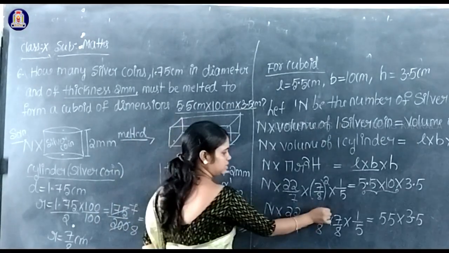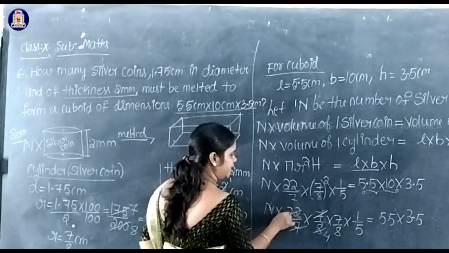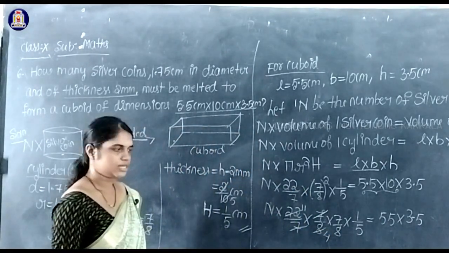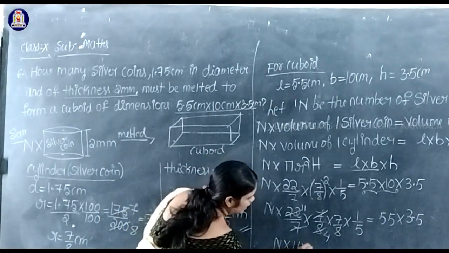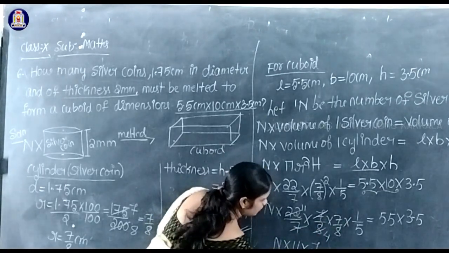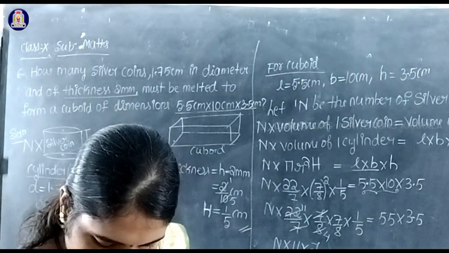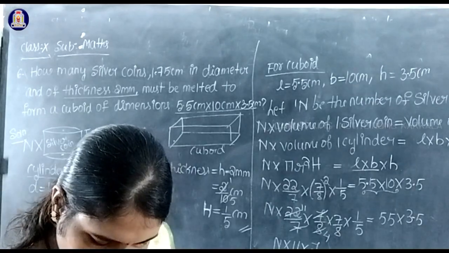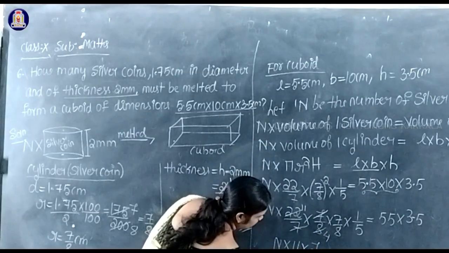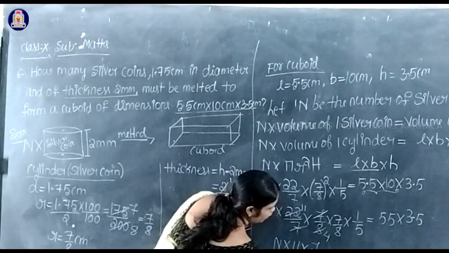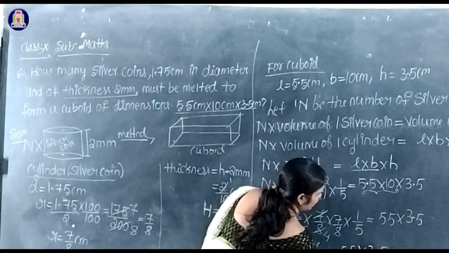So now shall I cancel this 7 and 7? Yes. Okay. Next, once again, 2 4s are 8, 2 11s are 22, isn't it? So I'll write the remaining term n into 11 into 7 by denominator 4 into 8 into 5 equal to 55 into 3.5.